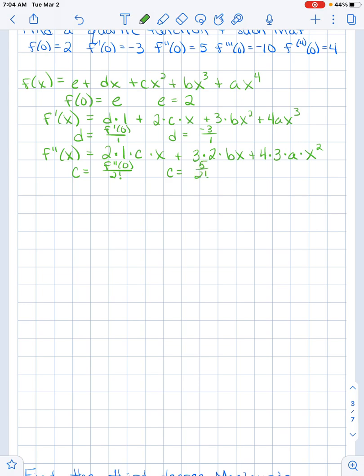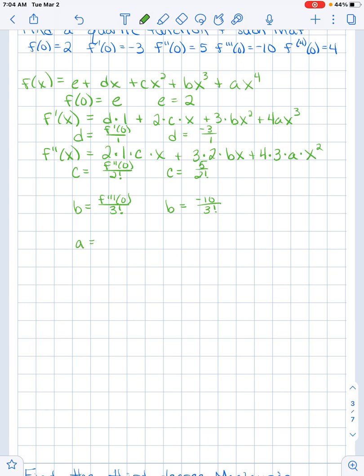And if I may now skip some steps here, b is going to have the similar pattern where b is going to be equal to the third derivative at 0 divided by 3 times 2 times 1, or 3 factorial. So we know that in this case, b is negative 10 over 3 factorial.